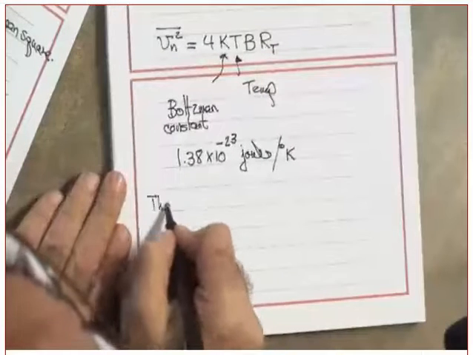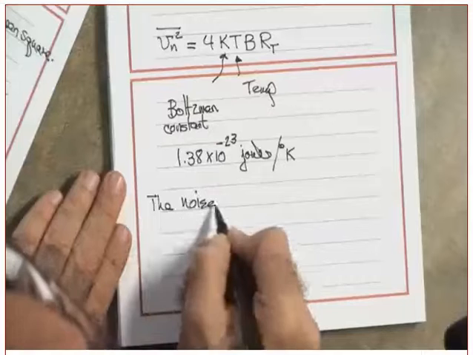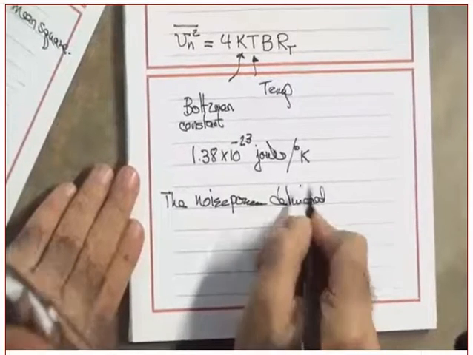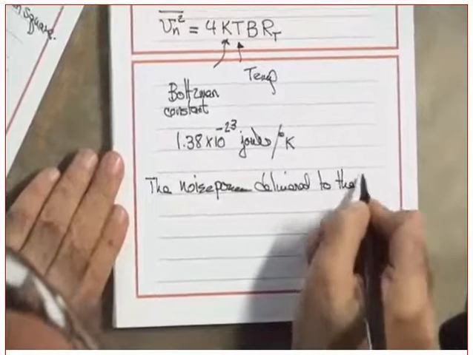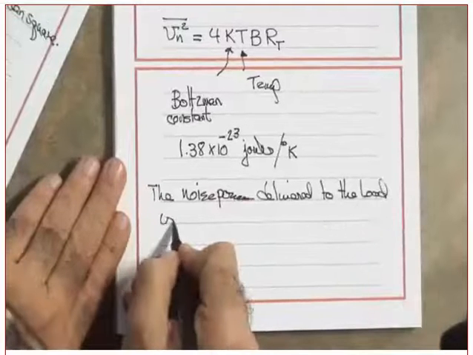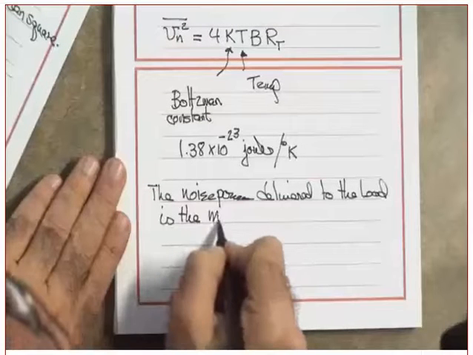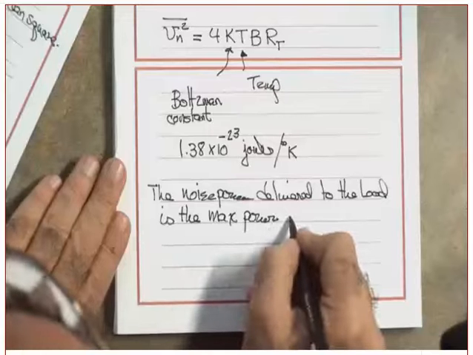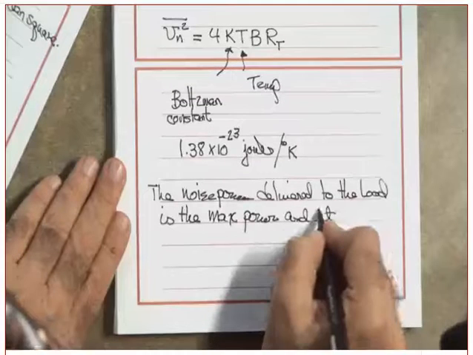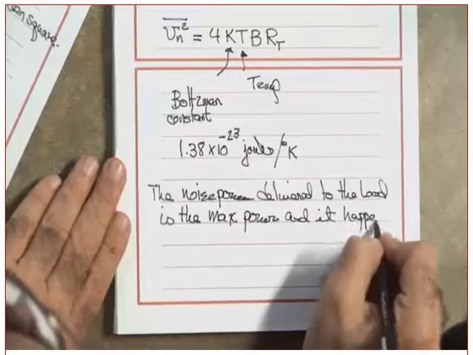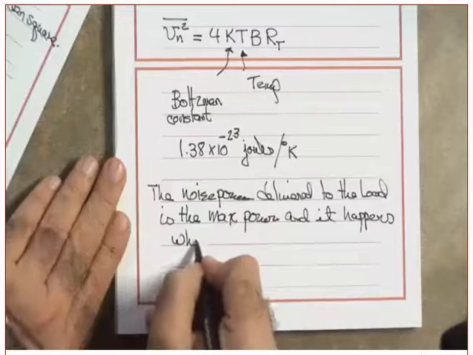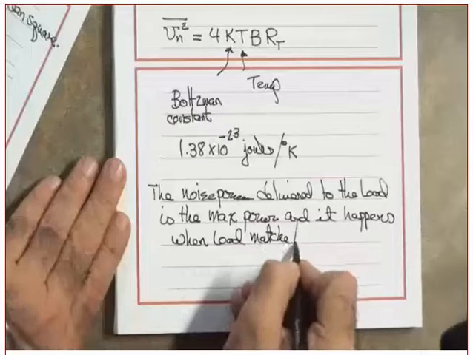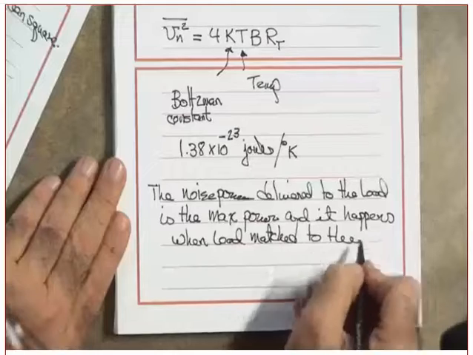Now, we also saw that the noise power delivered to the load is the maximum power, and it happens when the load is matched to the source.